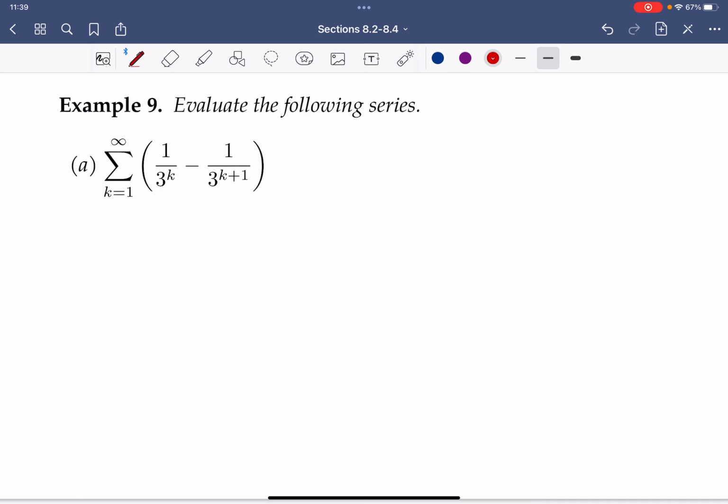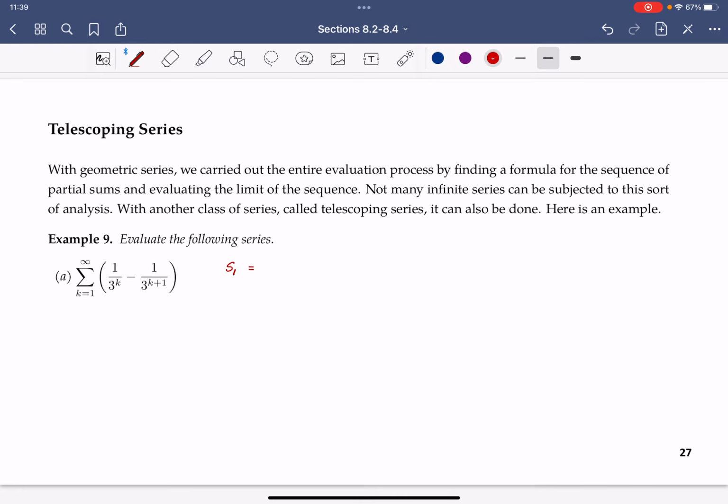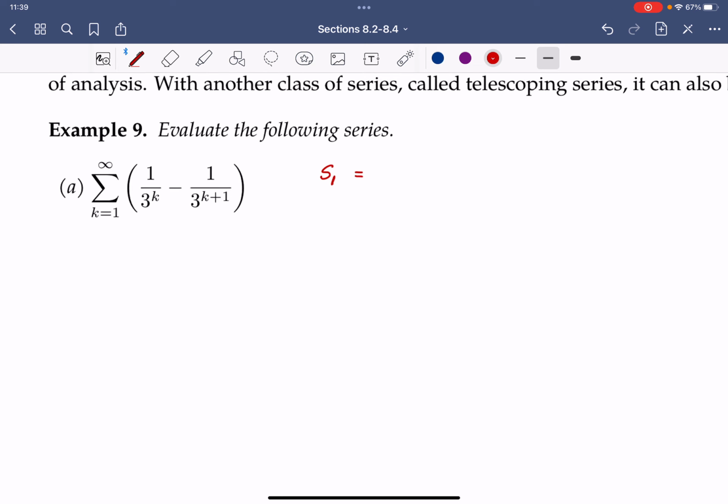Let's take a look. First of all, S1 is gonna be only the first term. Plug in k equal to 1. It's gonna be 1/3 minus 1/3 squared. This is S1.